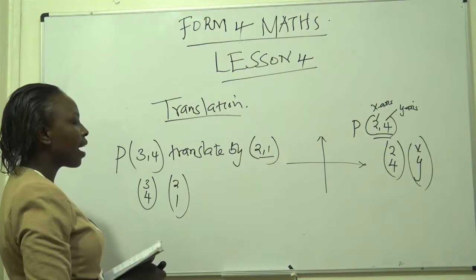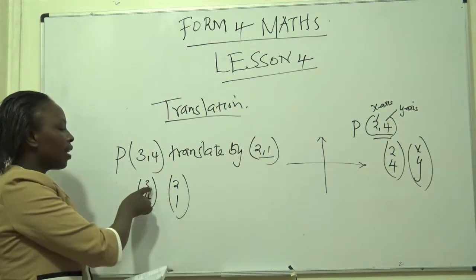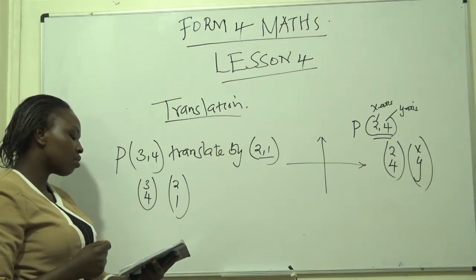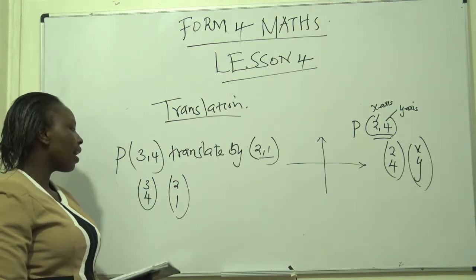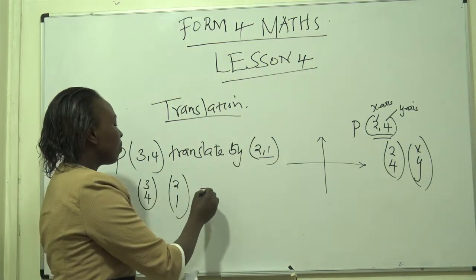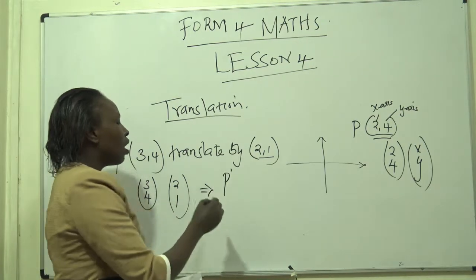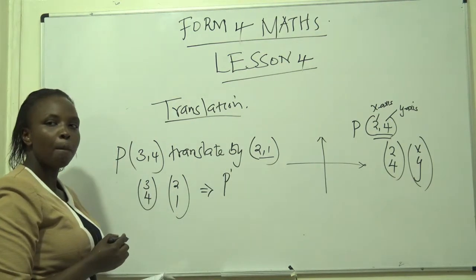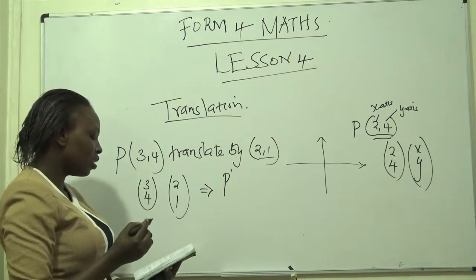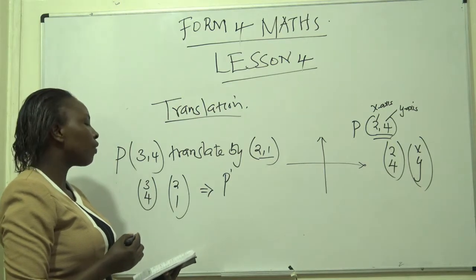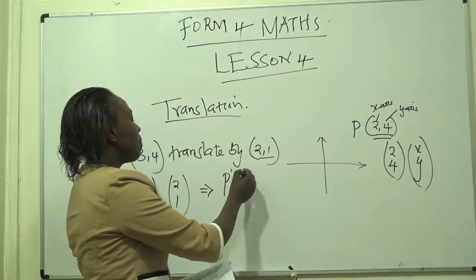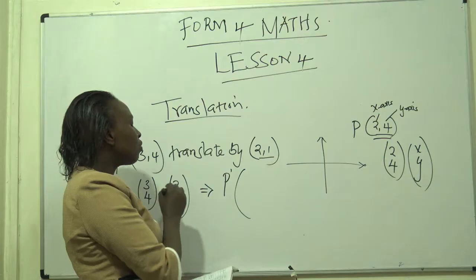We are saying that the x, remember, these are the points on the x-axis. The x represents a movement of x units parallel to the x-axis. So for us to get P prime, we start by getting the image for x.